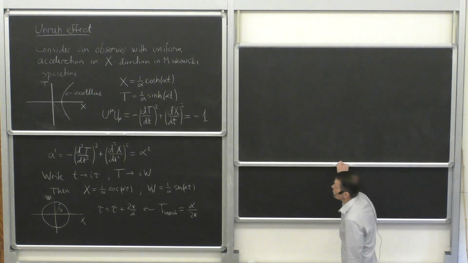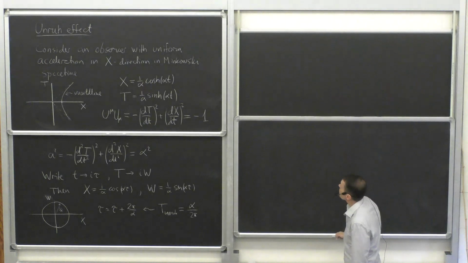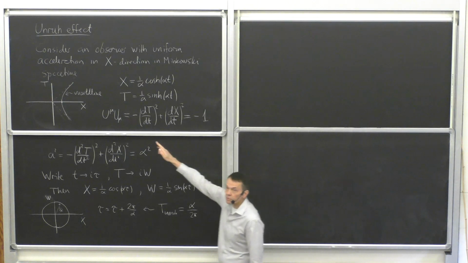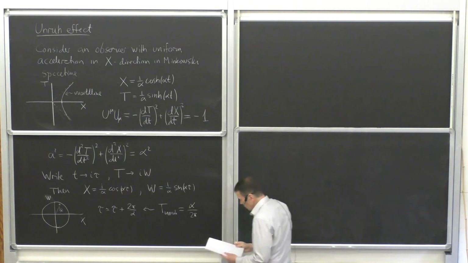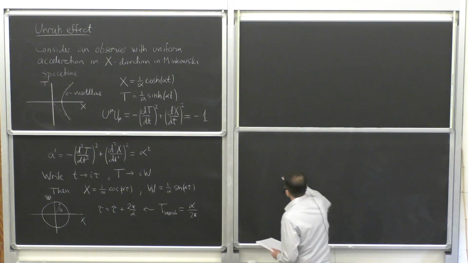Now, to go further, I'm going to go back to the Lorentzian signature, but I'm going to introduce a new coordinate. I'm going to introduce Rindler coordinates.